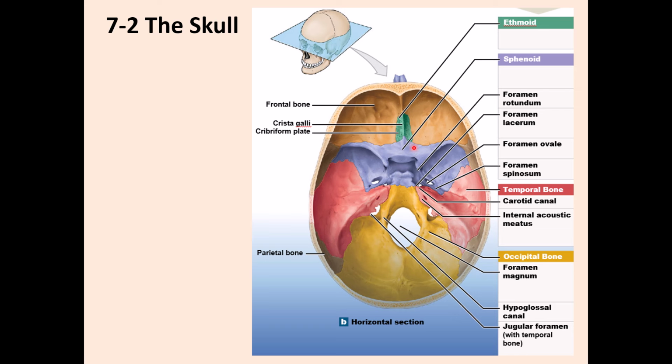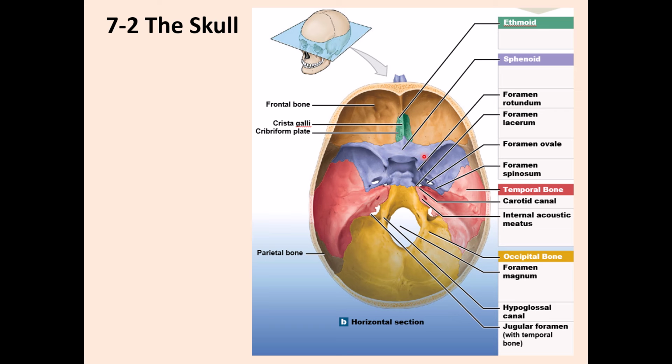In the anterior cranial fossa, you have the frontal bone here, and also the ethmoid. In the ethmoid, you can see 2 different structures. One is a horizontal structure called the cribriform plate, and the other one is in the midline, called the crista galli. The crista galli is perpendicular to the cribriform plate.